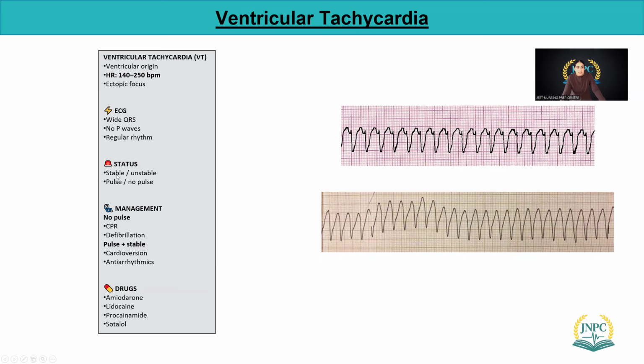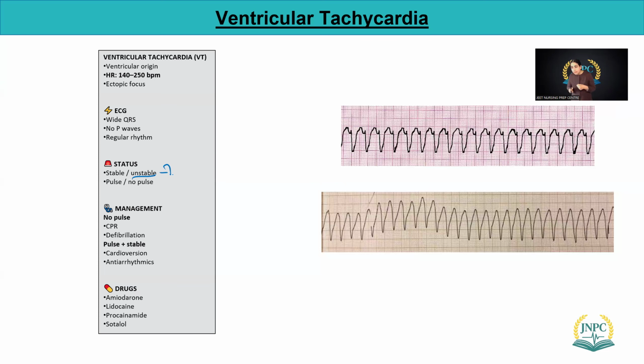So status could be stable or unstable. If the patient is stable, showing no signs and symptoms, still know that the patient can be given cardioversion, right? But if they're unstable, defibrillation without wasting much time. When they are unstable, what kind of signs and symptoms can they have? Hypotension, altered mental status, unresponsive, heart failure, or maybe shock because the heart is not pumping effectively.